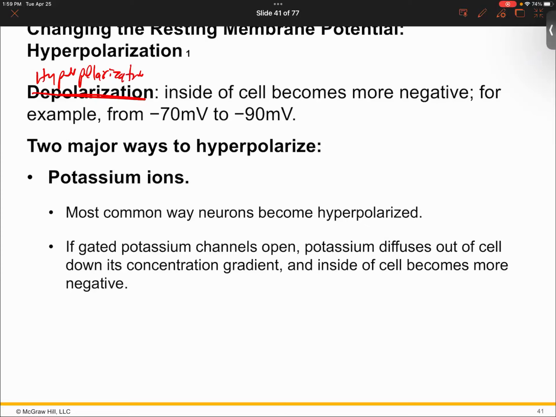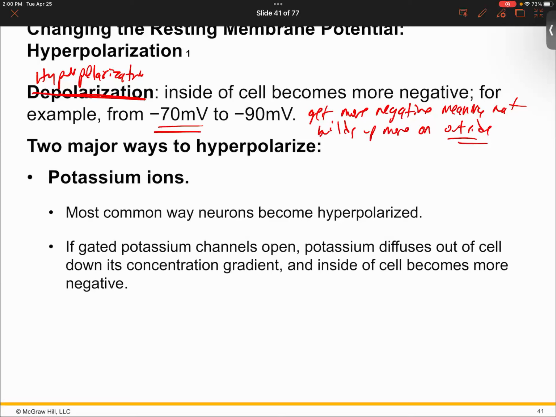So you're getting more negative, meaning that sodium builds up more on the outside, making it more positive outside and more negative inside. So you're steepening this gradient, right? Your resting membrane potential goes from -70 to -90. That basically means you're making it worse.